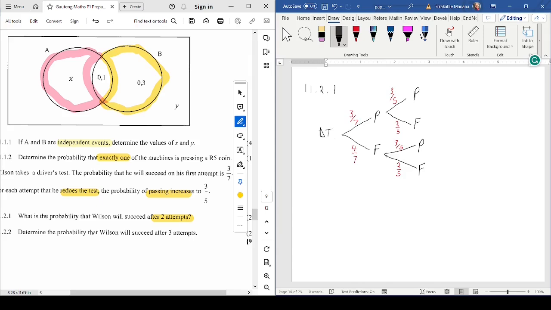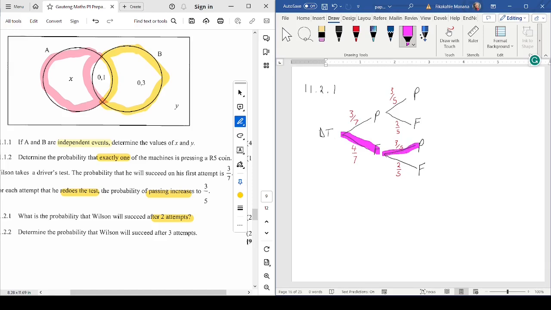For him to succeed after the second attempt, it means he failed on the first attempt, right? And now only on the second attempt he passes. So on our tree diagram, the path that we follow is this one: that he fails and then he passes.